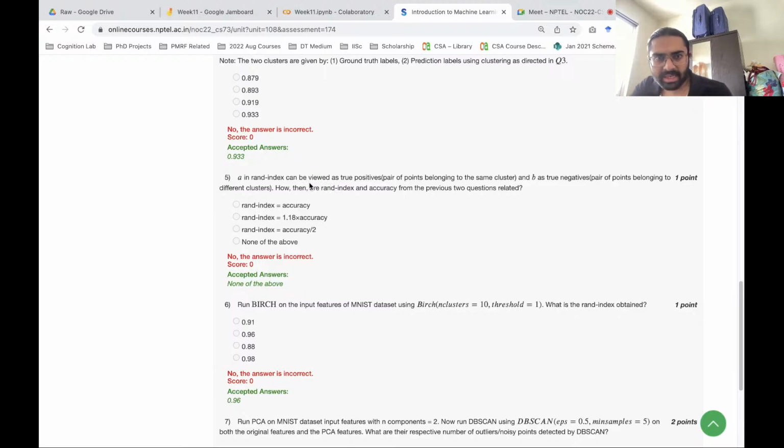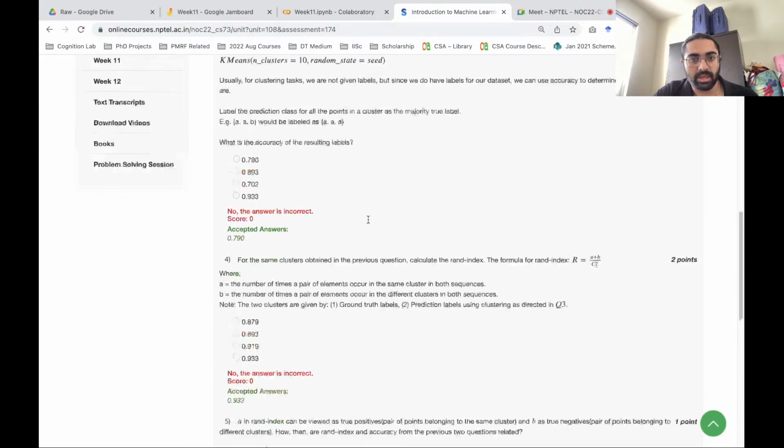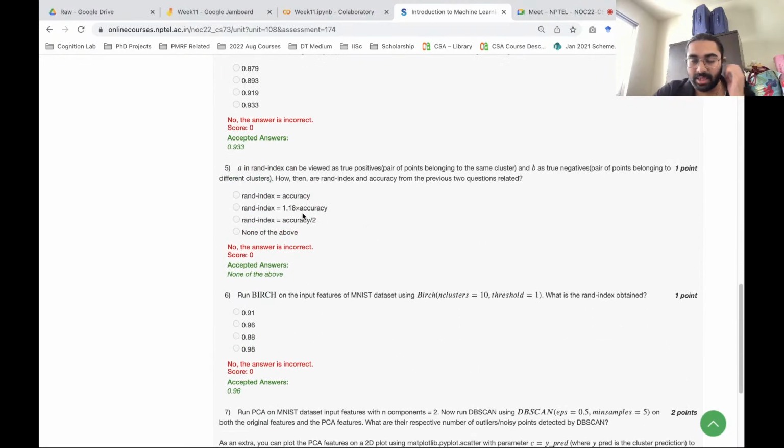I did see a lot of questions regarding this rand index and accuracy thing here. This was actually meant as a question to confuse you all. Though you can always write an equation for the accuracy and the rand index, the idea is not that. The idea is that you want to know how they are related.